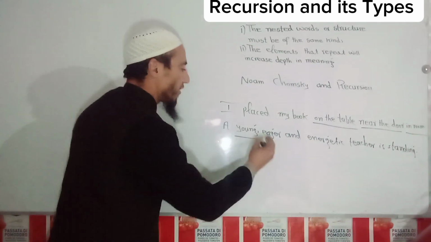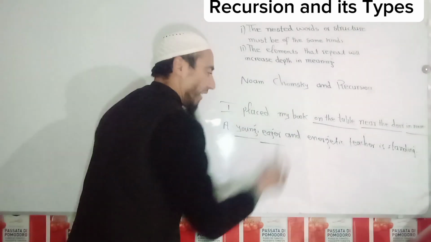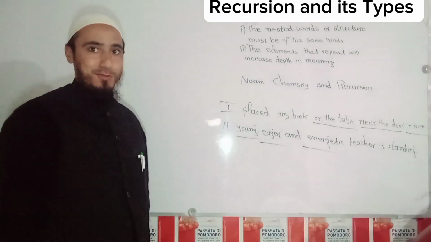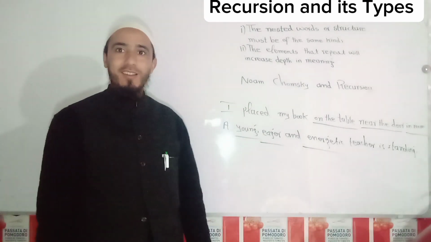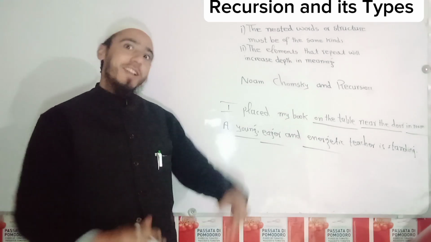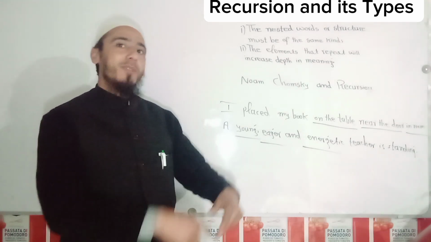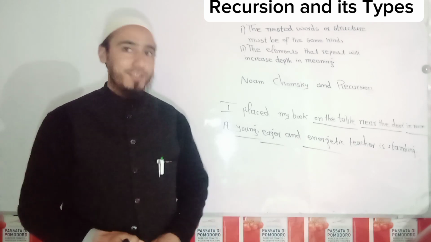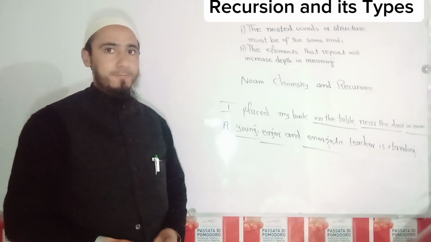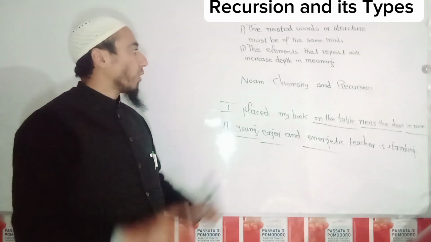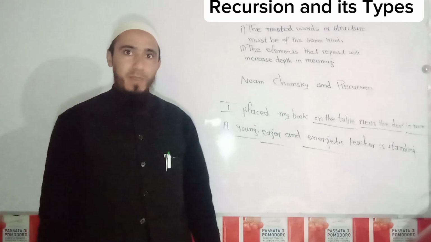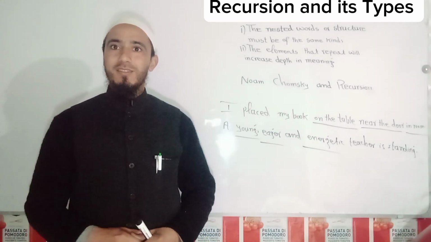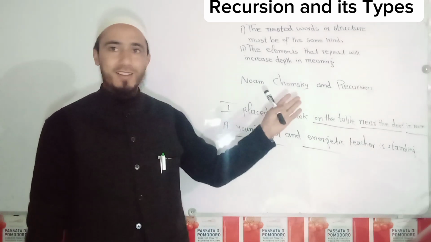So now you see, a young, one adjective; eager, another adjective; energetic, the third adjective. This repetition is called recursion. So it can be inside a sentence, inside an adjective phrase, and inside a PP or prepositional phrase.